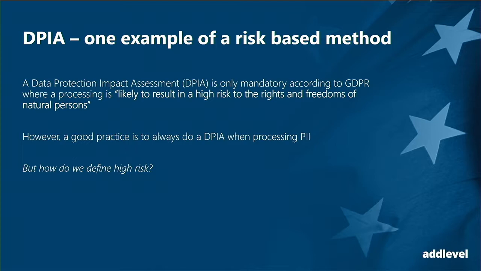So we talk about a data protection impact analysis, data processing impact analysis. It's an example of a risk-based method. In this case, it's specific in relation to the GDPR.